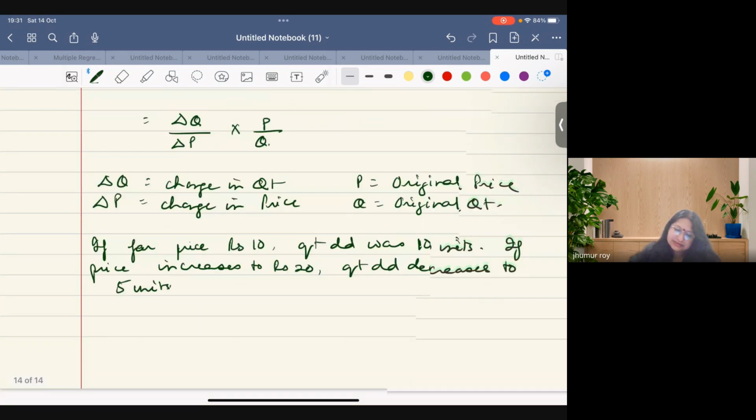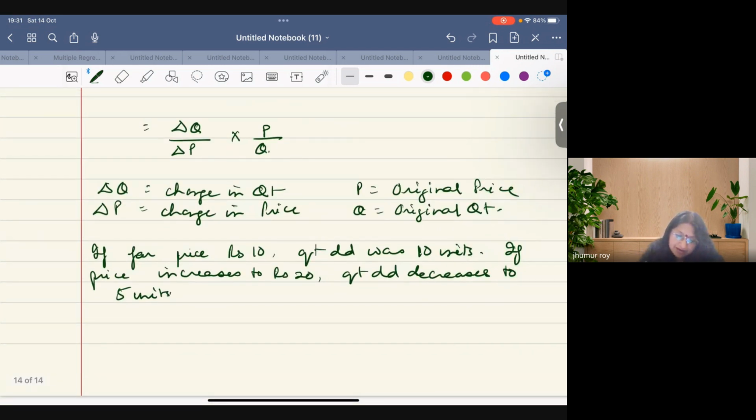So this is the question. Now what do we find? What is the change in quantity? The change in quantity will be 5 minus 10, that is new quantity minus old quantity. So you're getting minus 5.